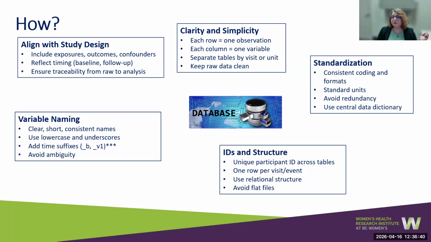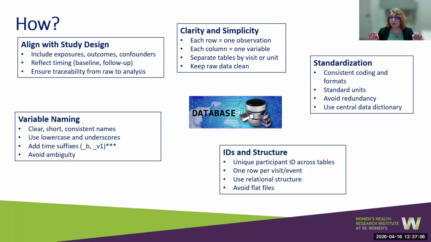You should use consistent coding and formatting. For example, if your answer is don't know, I code don't know as 98, unless it's a continuous variable, in which case it will be missing. So you define consistent coding, and it cannot be that in one question not applicable is coded as 97 and in another question not applicable is coded as 98. It's confusing.